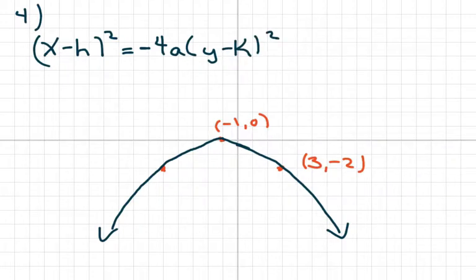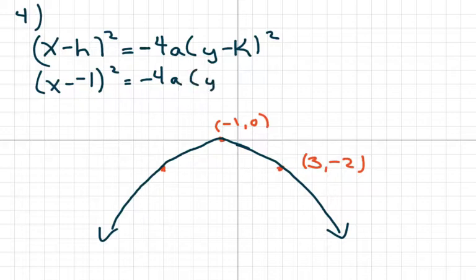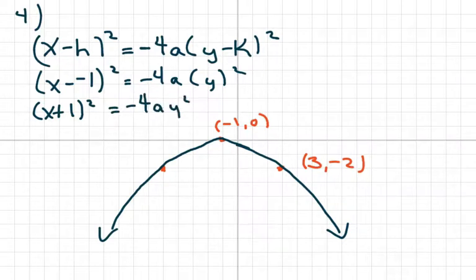My x is -1, so this is going to be x minus -1 equals -4a times y minus 0, which is just y. So again, it will be x plus 1 squared equals -4ay.